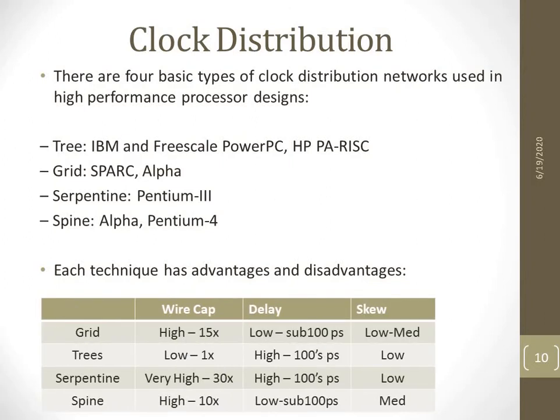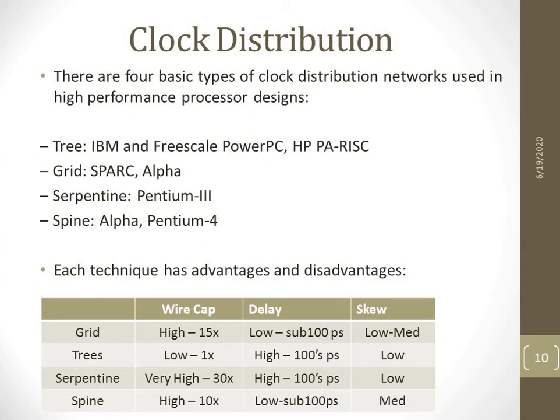So you can see here in the table, the grid type has high wire cap, delay is low, and skew ranges between low and medium, whereas for the tree type, wire cap is low, but delay is high and skew is less.